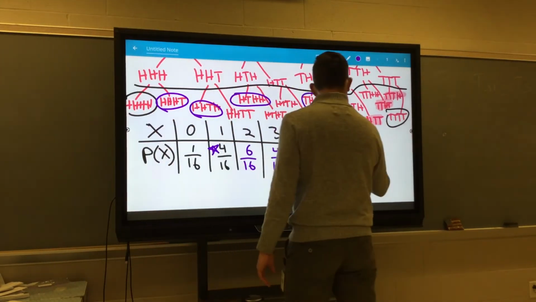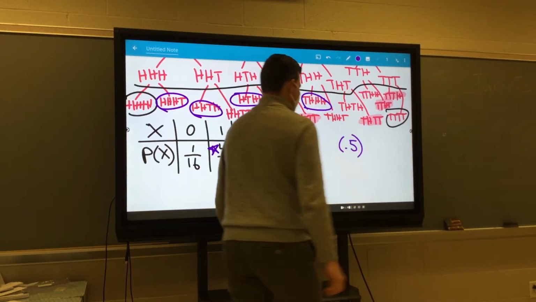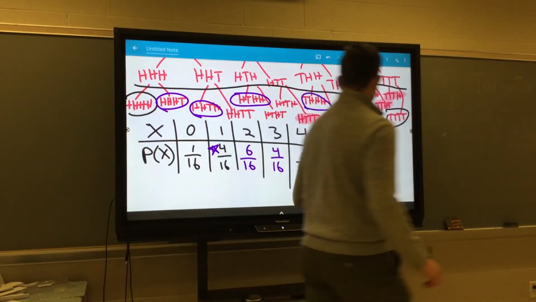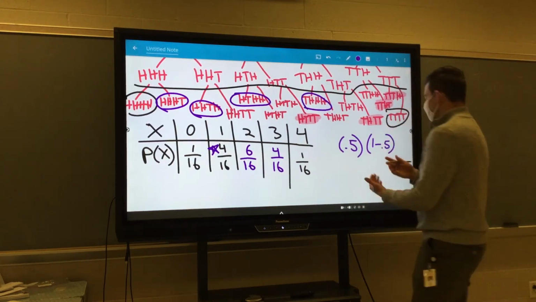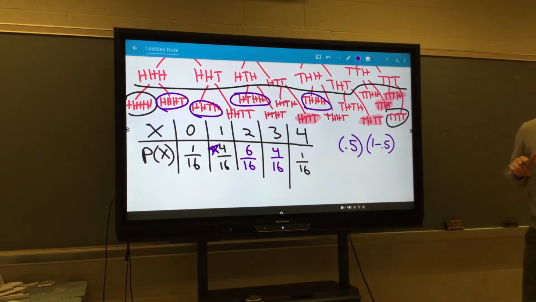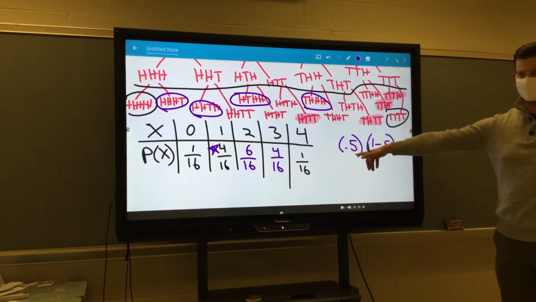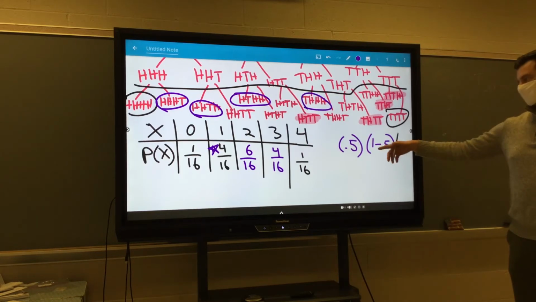So we had our probability of success, 0.5, and we only had 1 of those. But we had 3 failures, which also had a probability of 0.5, but I'm going to represent it as everything else. 1 minus 0.5. Yeah, I know that that equals 0.5, but let's say that this was 0.4. Then this would be how you get 0.6, right? 1 minus 0.4.